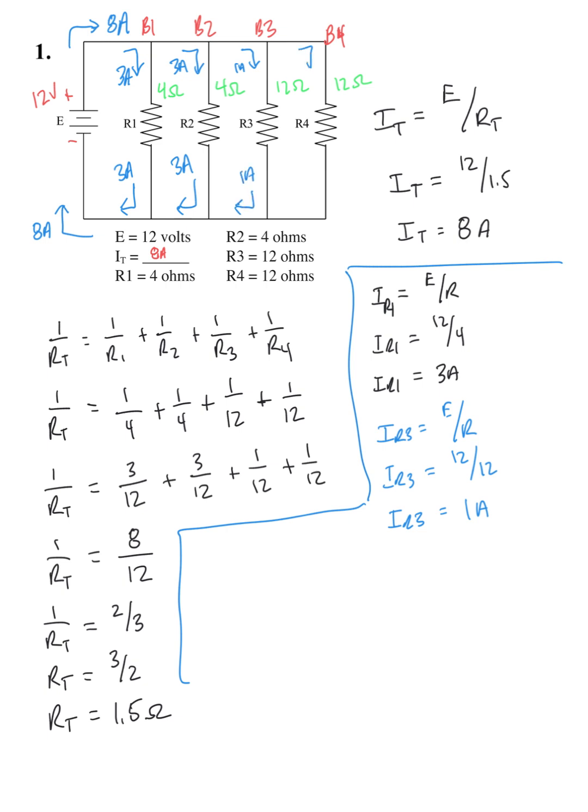Same thing, right? And if you add those together, those different branches, 3 plus 1 plus 1 is 8 amps, and that's exactly what we've got flowing in that circuit total. So we know that this circuit is complete, right? We've solved everything here. So let me go ahead and let's take a look at question number 2.